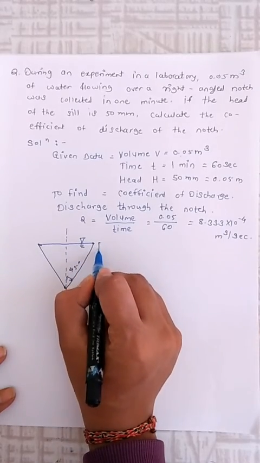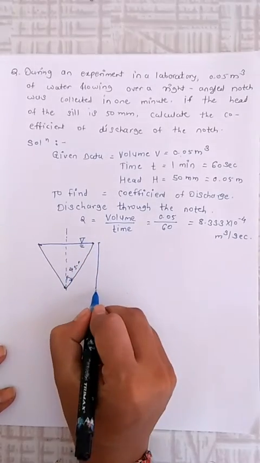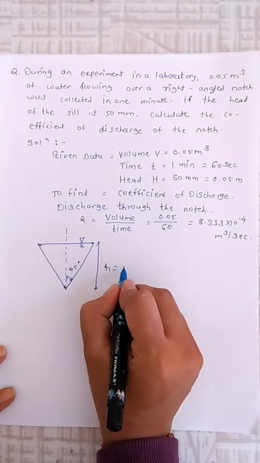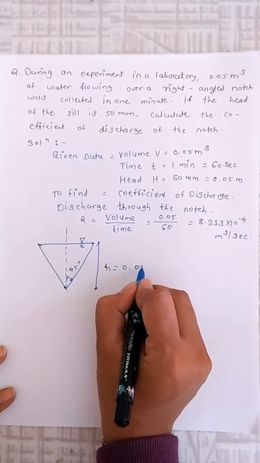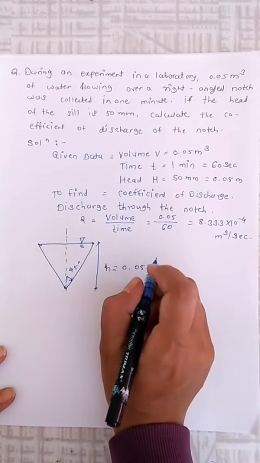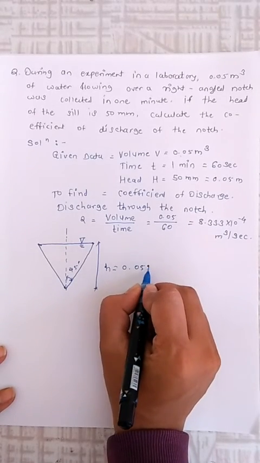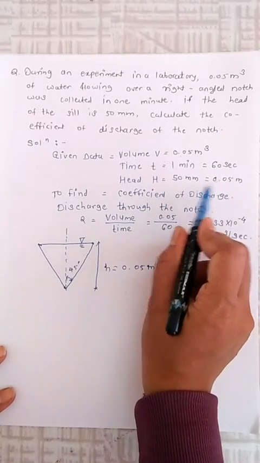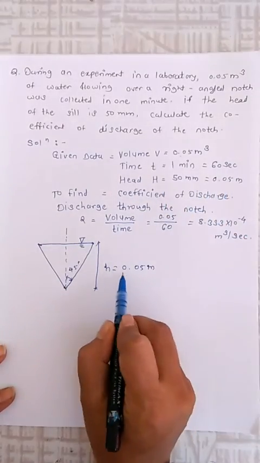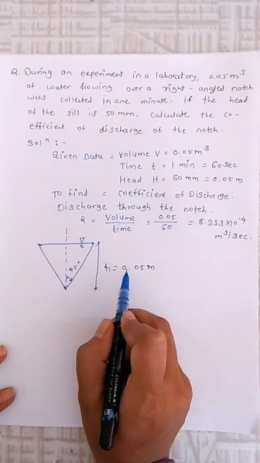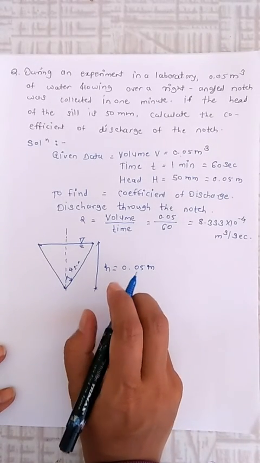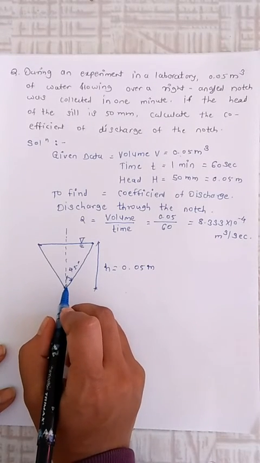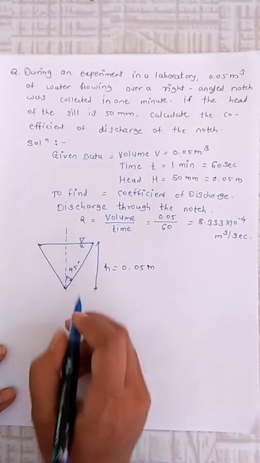This is the total head, which is 0.05 meter. We converted mm into meter, so the head is 0.05 meter. By using this diagram, we have to calculate the discharge through the notch.